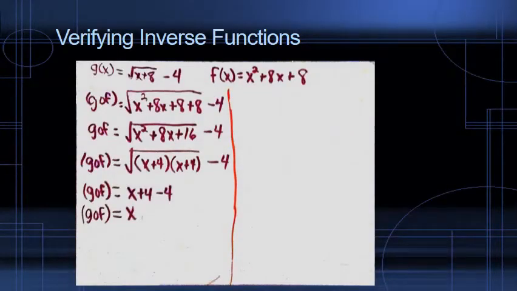Okay, the other day we were working on verifying inverse functions, and when we do that, whether we're doing f of g or g of f, once we solve that, if they are in fact inverse functions, we should come down to where g of f or f of g is equal to the identity function, or just x.